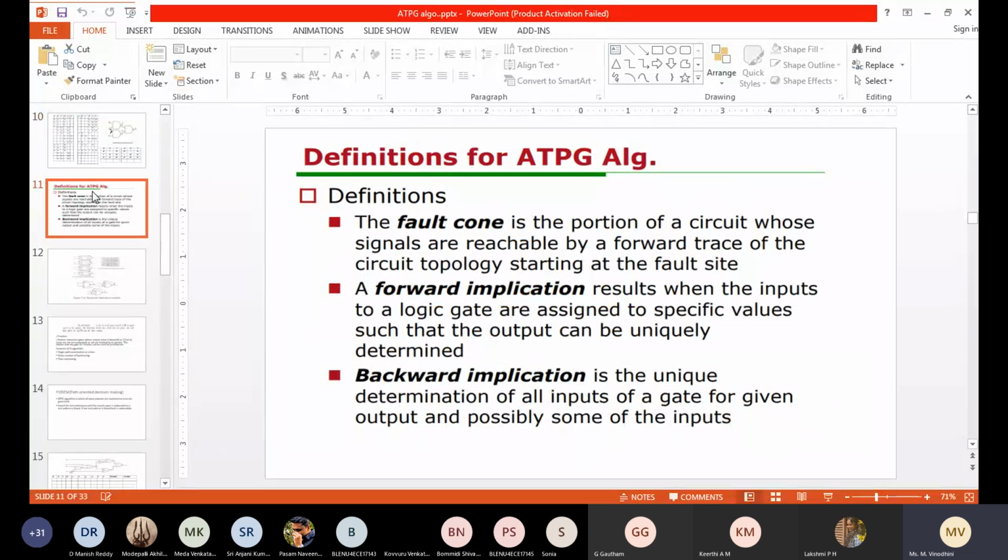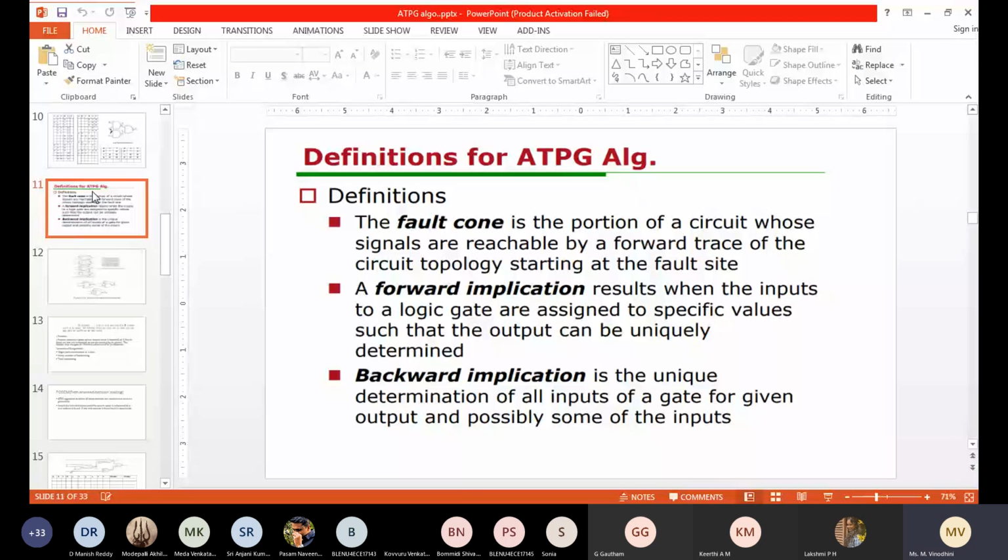Yesterday we discussed the D algorithm. Before we enter into the next type of algorithm, PODEM, we will discuss a little about fault cone, forward implication and backward implication. For a huge circuit, what they will do is divide it, cut it, and for each partitioned set perform the ATPG algorithm and try to get the test vector.